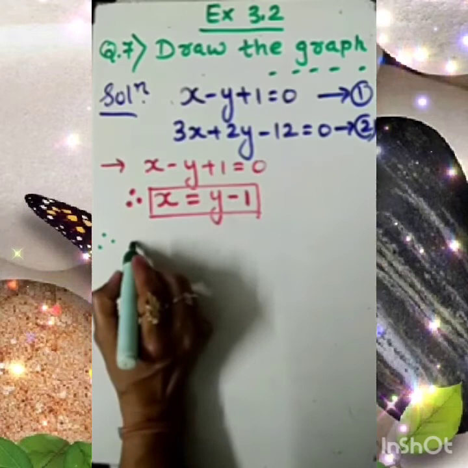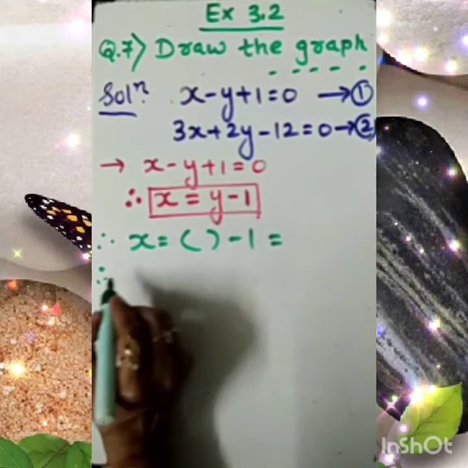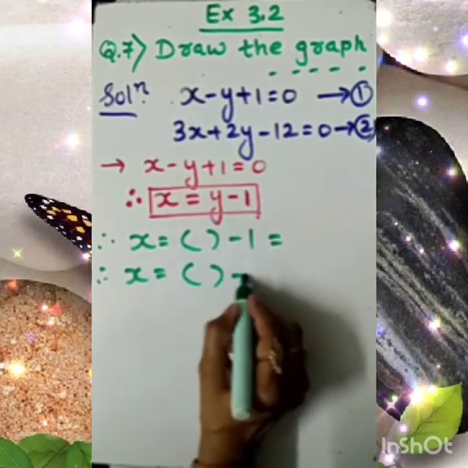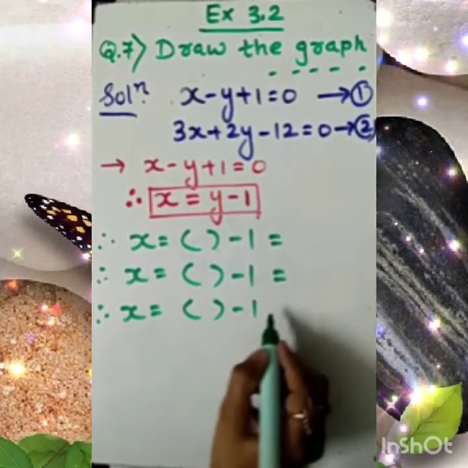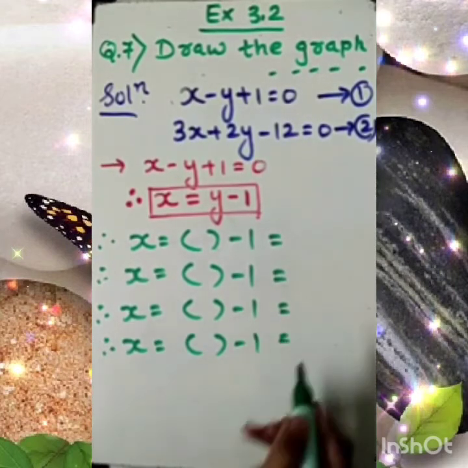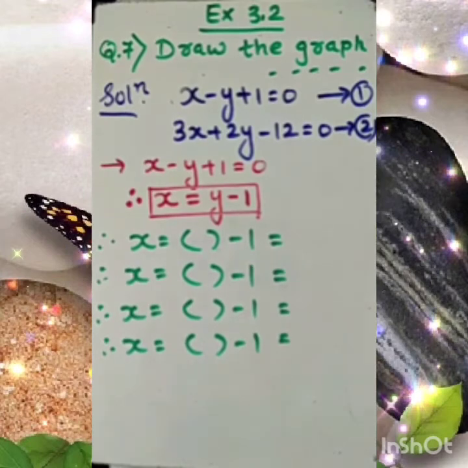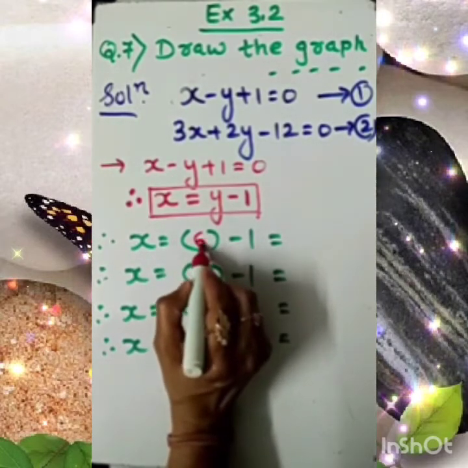So let's see. Let me note down first. According to our choice, we put the values. You can take positive values all the way. Suppose I am choosing y as 6.